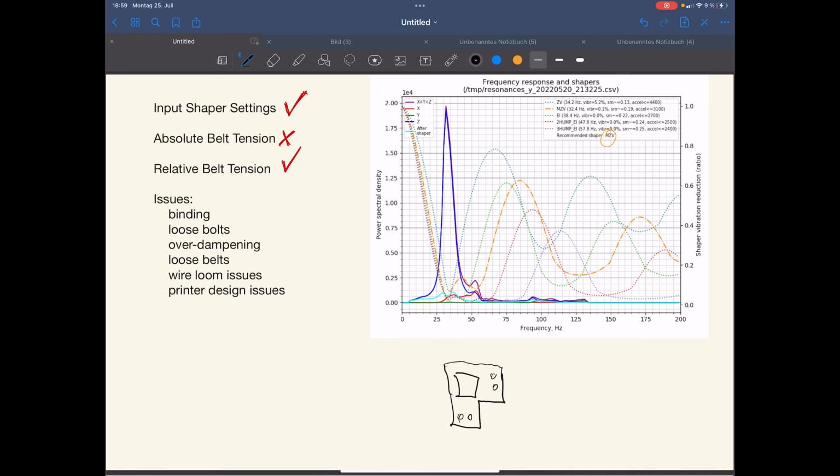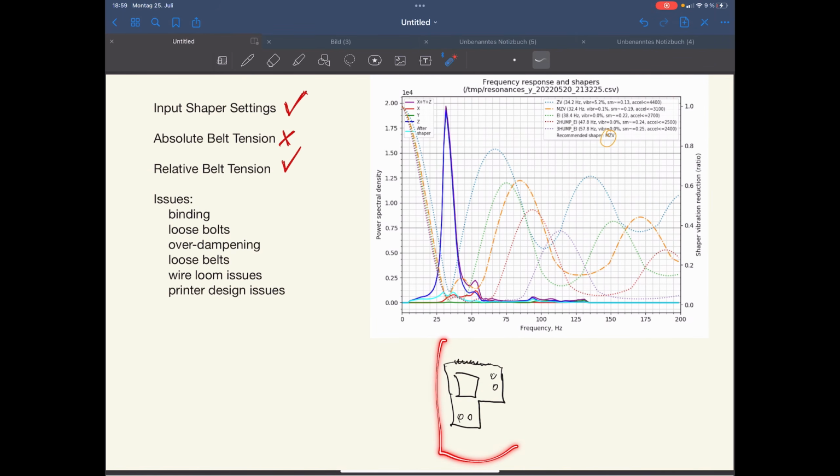But if we have like an imprint, like a text or something here, which has a really fine structure, those structures will get eaten by the algorithm if the movement is in this frequency range. So this is something to keep in mind. Those recommended accelerations are only a ballpark, and for really detailed prints you want to be lower, and for most prints you can get much higher than the recommended frequencies.